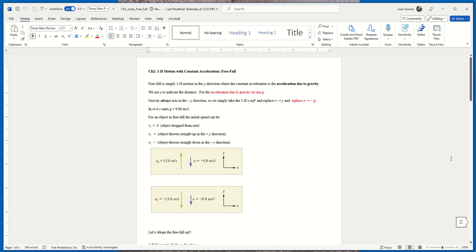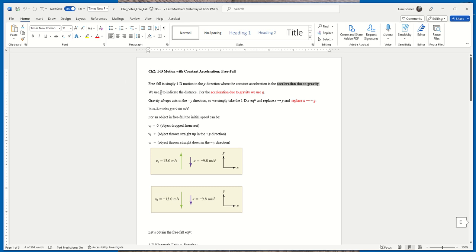The definition of free fall: remember, it's one-dimensional motion in the y direction, and free fall means that the object moves only under the influence of gravity. So we neglect air resistance and anything else.